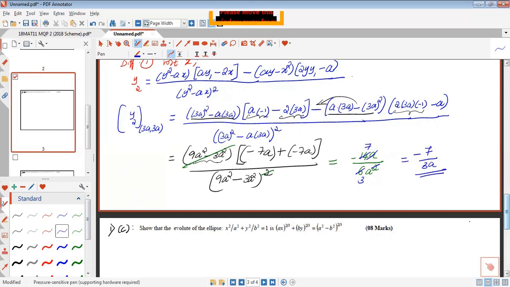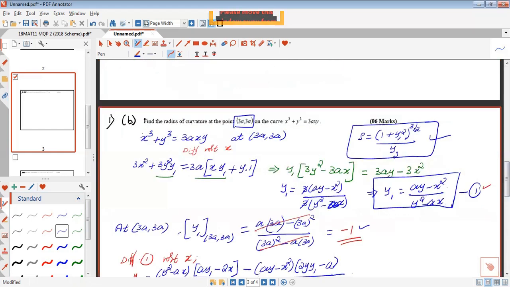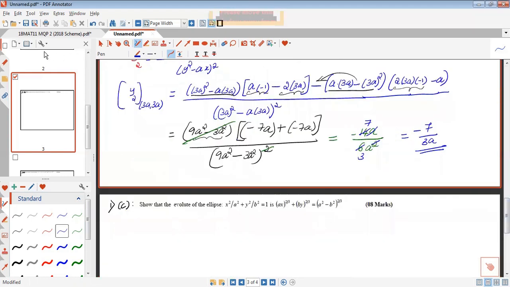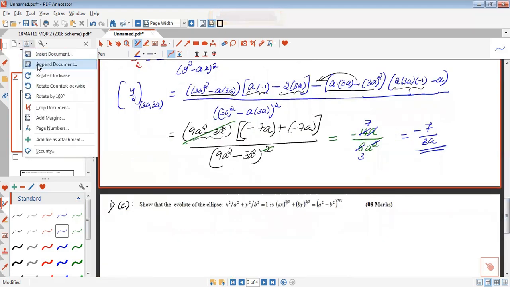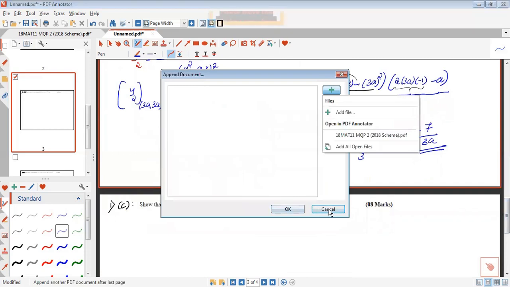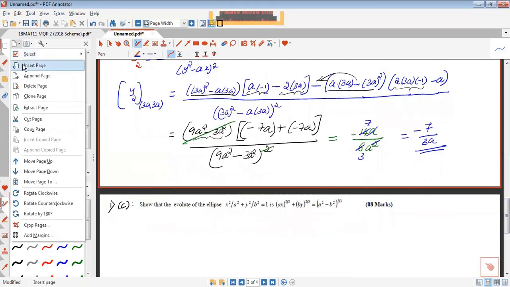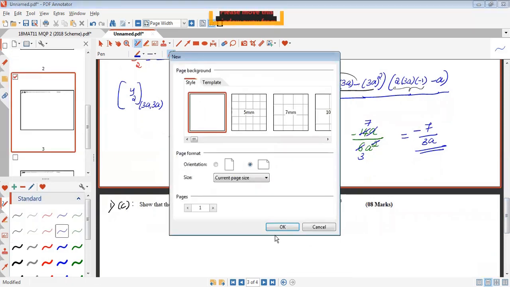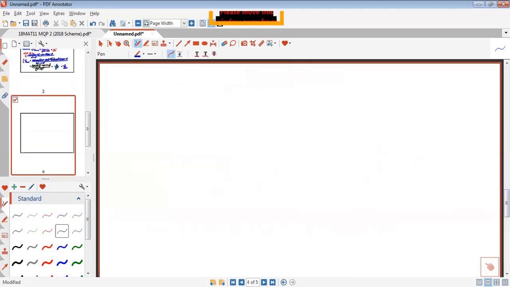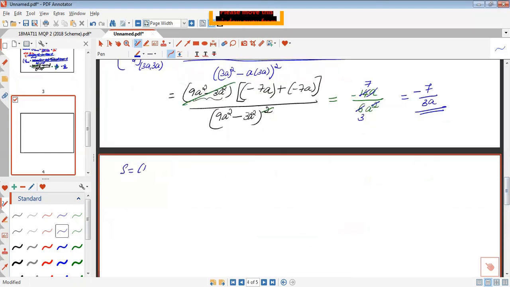Next, substitute in the formula, that is rho is equal to (1 plus y1 square) to the power 3 by 2 divided by y2.